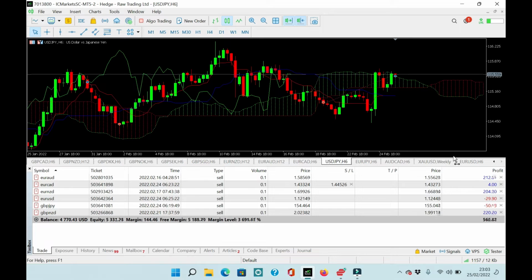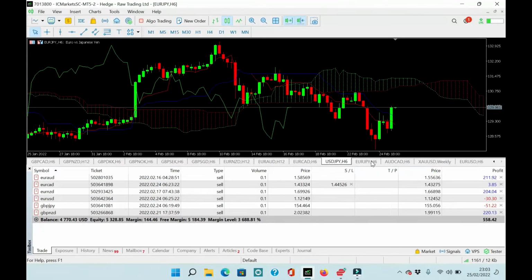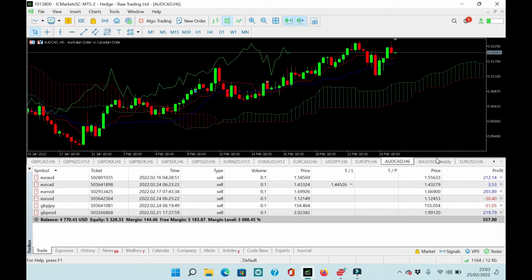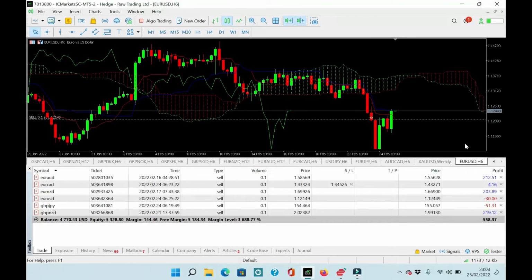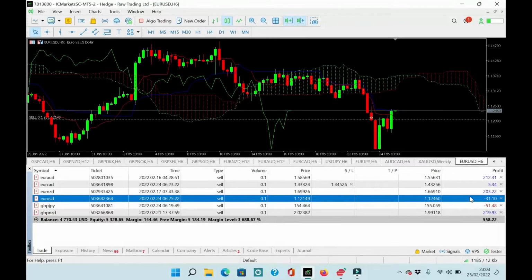Come on, close. This one, this one, this one. This one is the gold, and the last one is Euro USD. What do you think, guys? Do I need to close it? For the moment, it's minus $31.